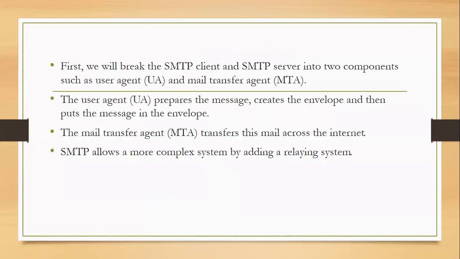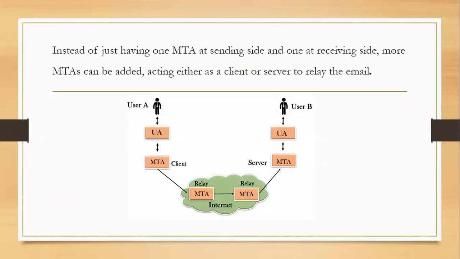To make it easier, a more complex system can be accessed with the help of SMTP by adding a relaying system. Now, here I am showing what we mean by a relaying system. In a relaying system, instead of using one MTA at the sending side and one at the receiving side, more than one MTA can be added, acting either as a client or a server to relay the email.